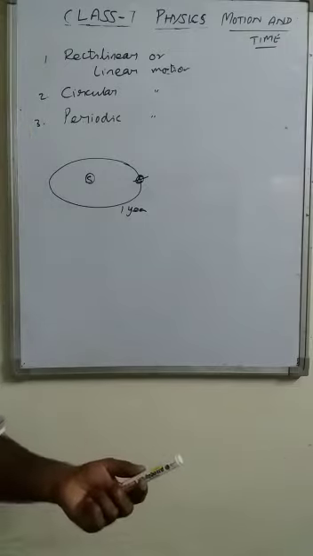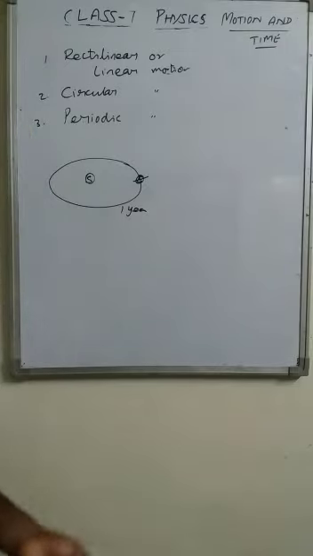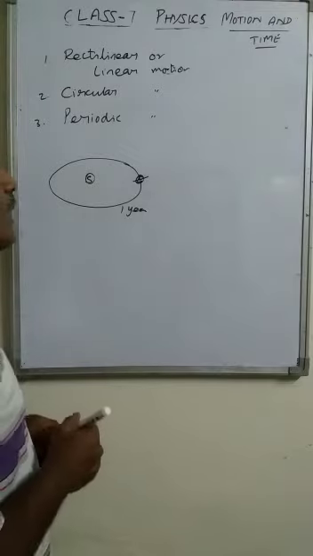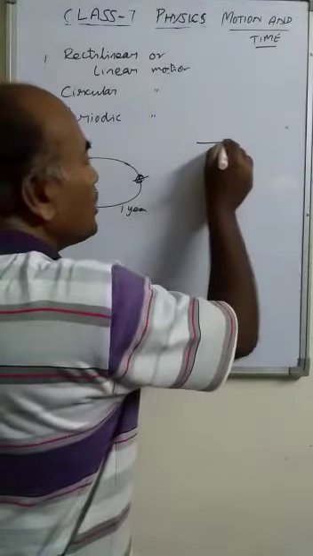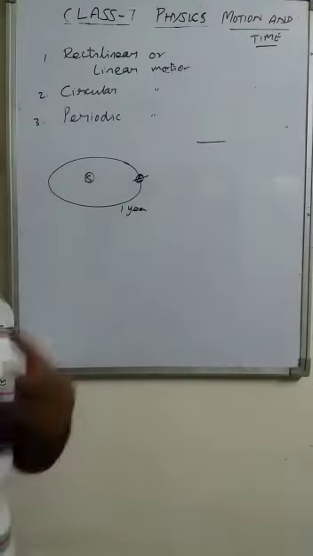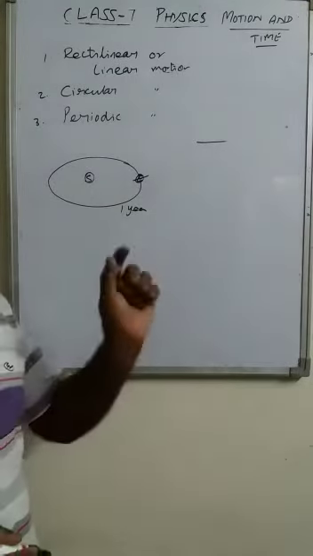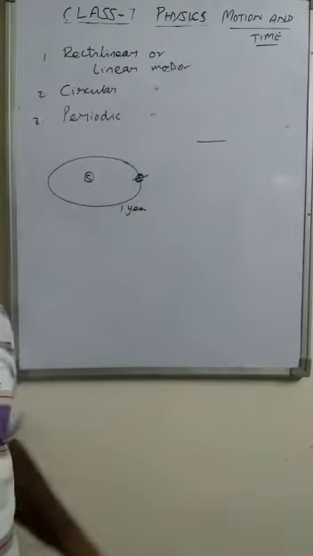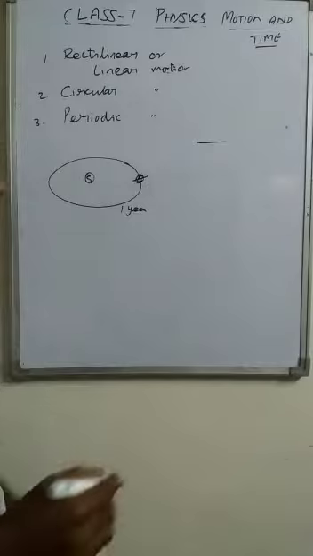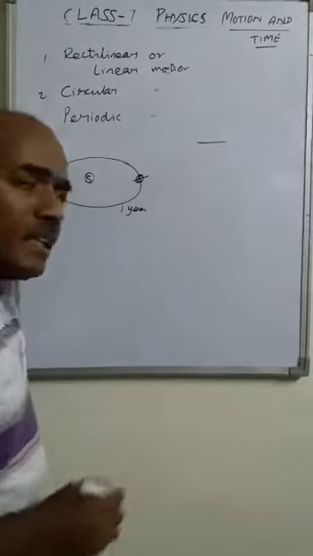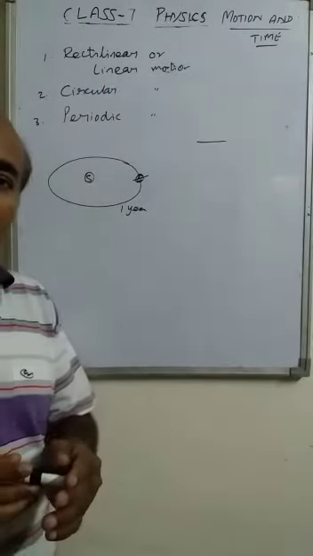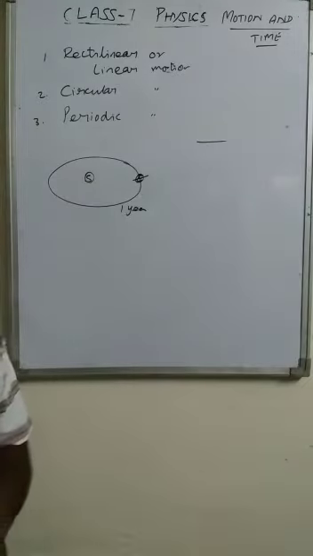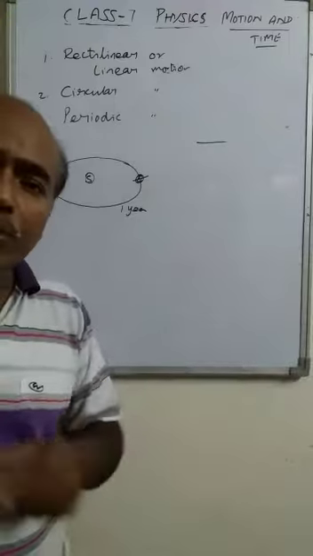But before that, similar to that device, we can take the motion of a child in a swing. Swing means jhula. In that case also, if we push the child from one side, the child moves to and fro.